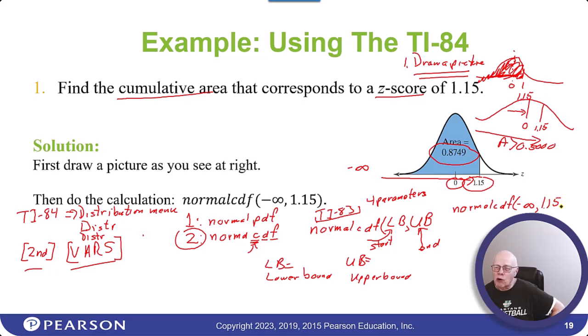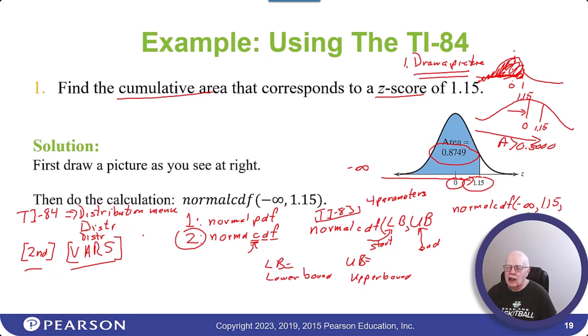Now I said there were 4 parameters, and I've only put 2 in. There are 2 more because remember I said there were many, many, many normal distributions. If it's not the standard normal distribution, we have to tell it what the mean and standard deviation is for our normal curve.